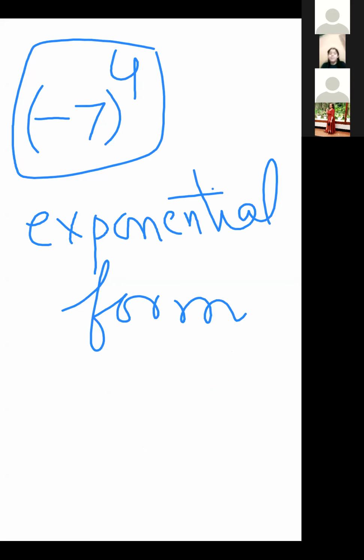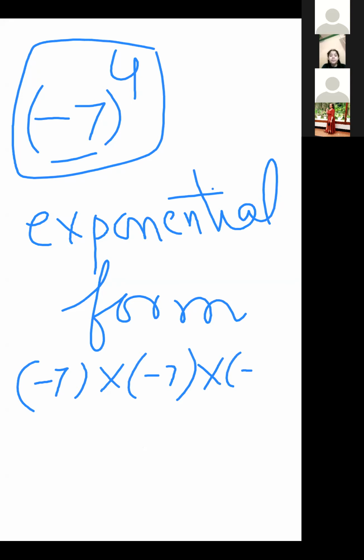Yes, it means -7 is multiplied 4 times. So if I open it, it is -7 multiply -7 multiply -7 multiply -7. I have opened this exponential form in this form. Now we have to find the value.